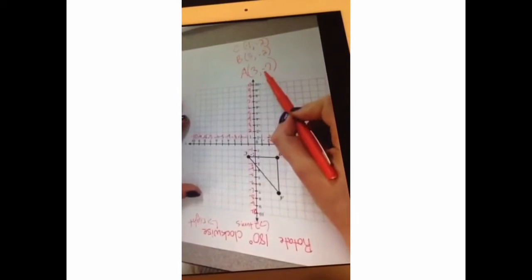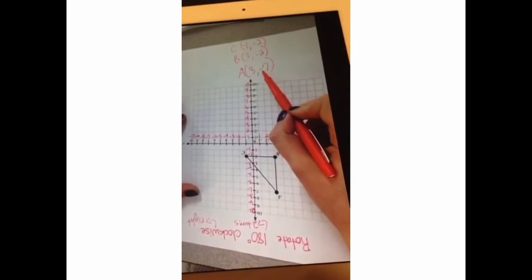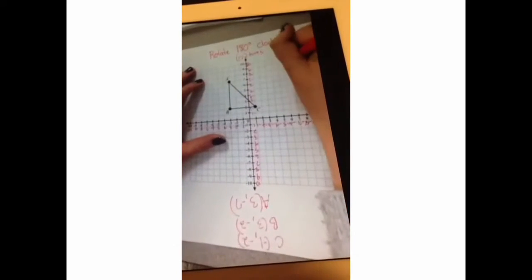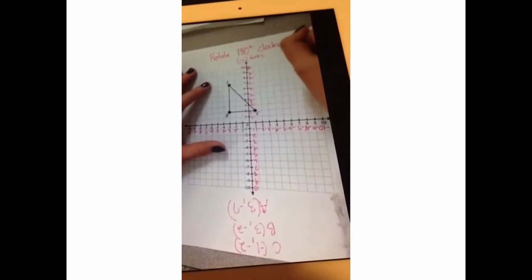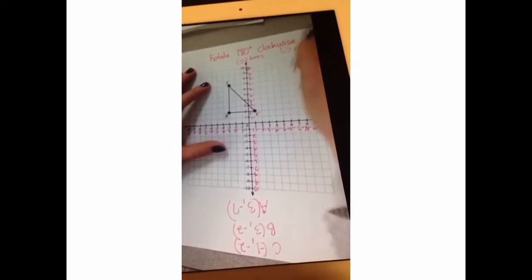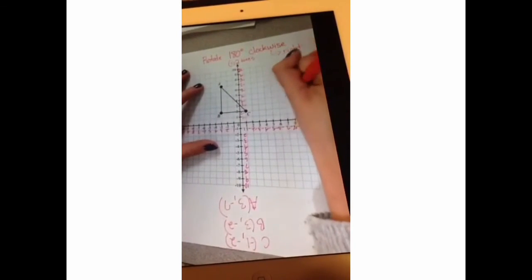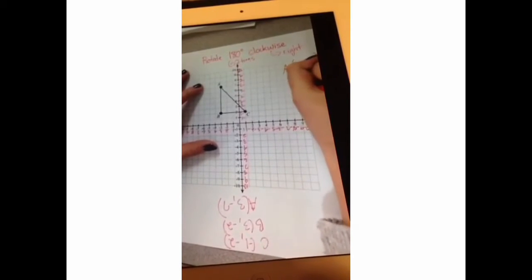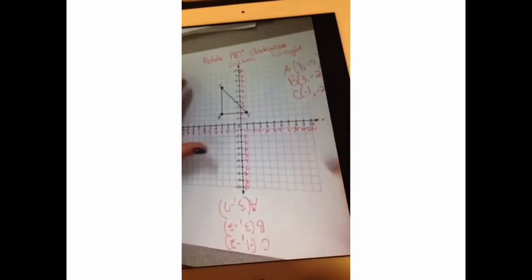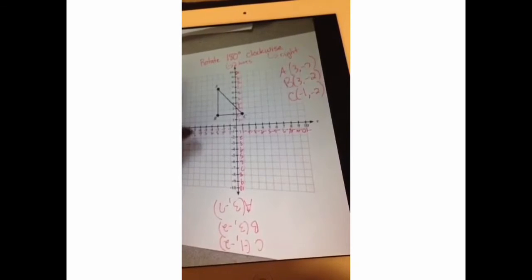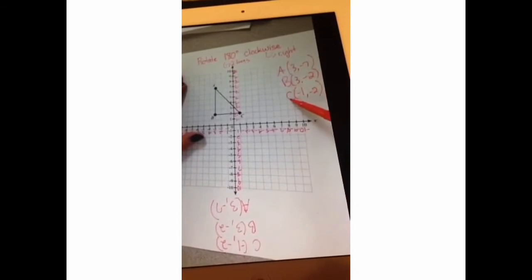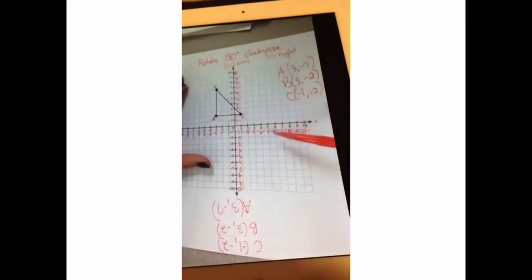Now that I have these coordinates written, I'm going to turn my paper back to normal. And I'm also going to rewrite my coordinates here so we can see them a little bit easier. 3, -7, 3, -2, -1, -2. Okay, now my next step is simply to plot these coordinates on my original graph.